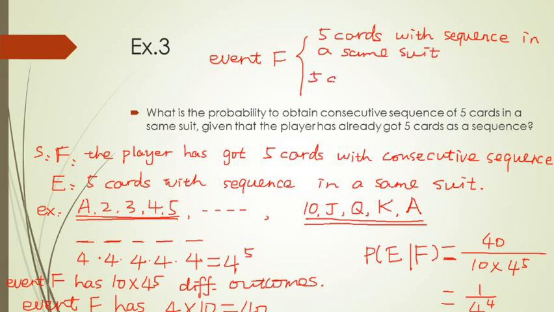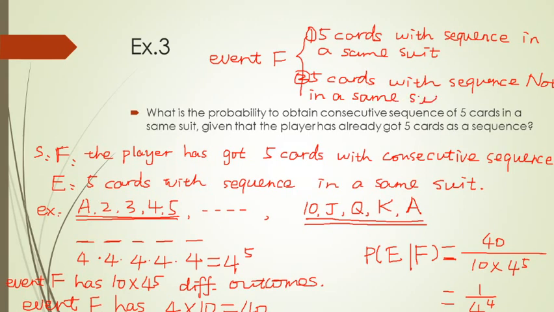And part two: 5 cards with a sequence not in the same suit, which means you have at least 2 different suits in the sequence.